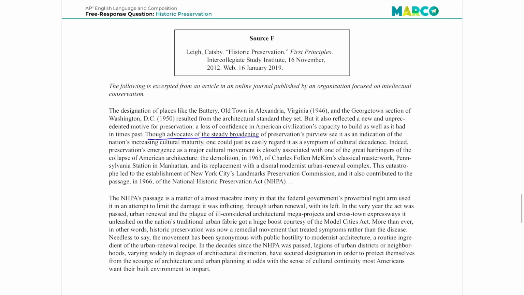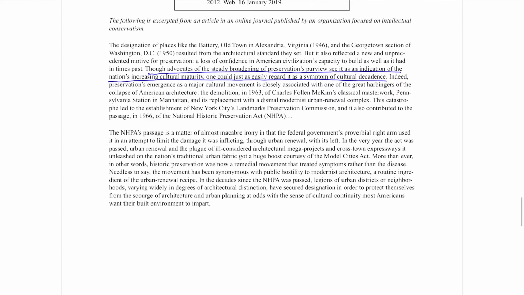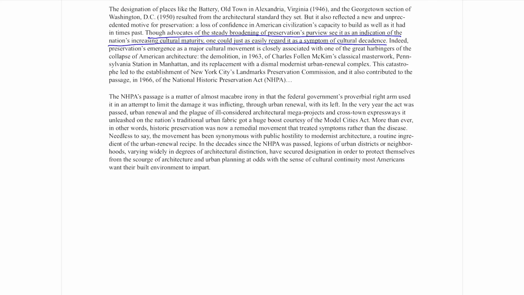Though advocates of the steady broadening of preservation's purview see it as an indication of the nation's increasing cultural maturity, one could just as easily regard it as a symptom of cultural decadence. Indeed, preservation's emergence as a major cultural movement, Penn Station in New York, and this created the preservation laws. Okay, I'm just reading through all this.